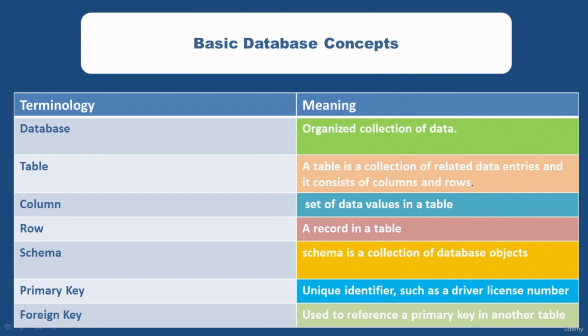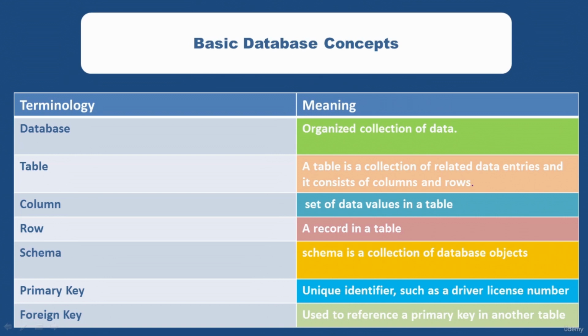For example, if table 1 has a primary key and table 2 has a primary key too, you can have the primary key from table 2 acting as a foreign key in table 1, or vice versa.